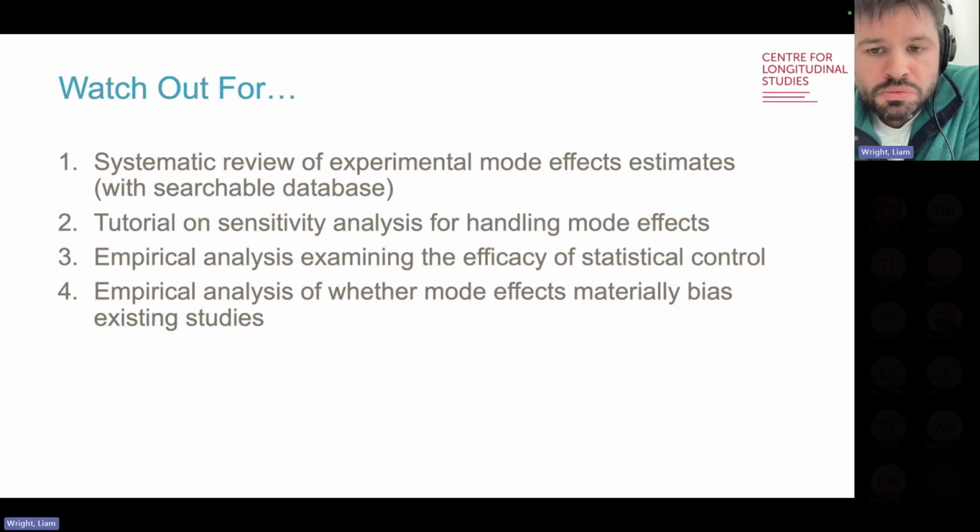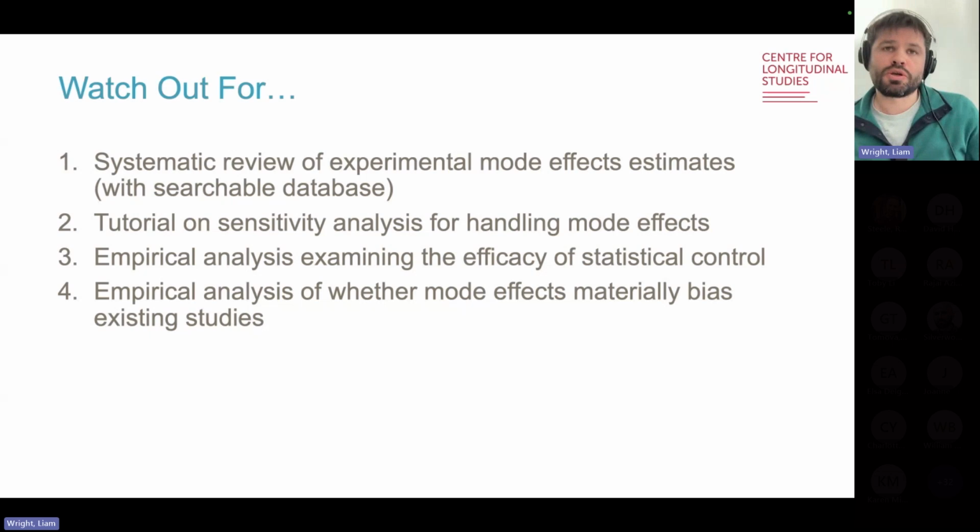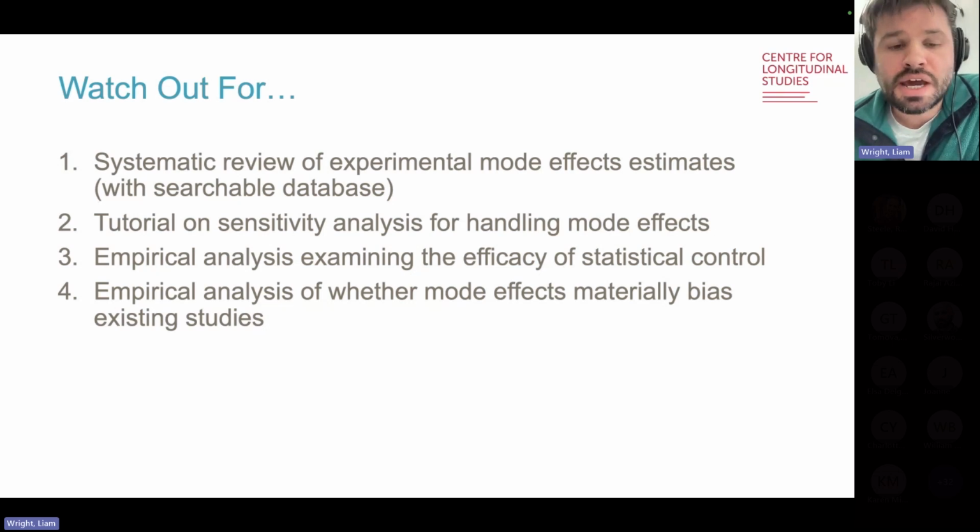Then there's another study where we're going to look at, in mixed mode data, are mode effects ever sufficient to change your substantive conclusions? So this would be running a series of analyses, assuming that mode effects don't exist, and then performing sensitivity analyses that account for mode effects properly, and seeing whether there's any qualitative or quantitative difference in the results. So hopefully that'll give a bit more empirical evidence on whether these problems actually matter in real world practice.